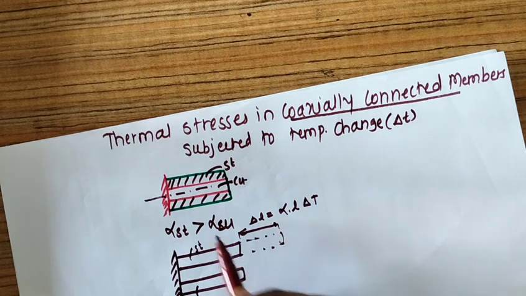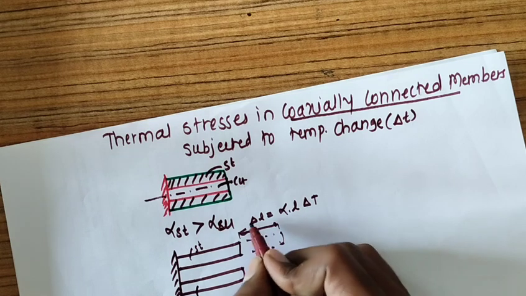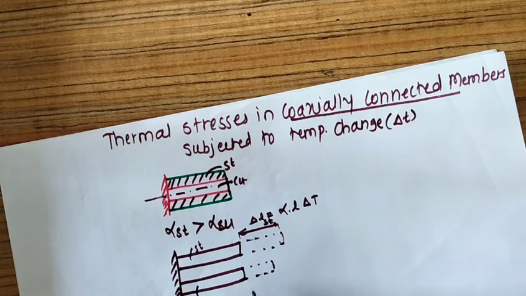And we assume that alpha steel is greater than alpha copper. Therefore, when the copper is subjected to free expansion, it will expand, but the free expansion of copper is less than that of the steel. So delta L of steel and delta L of copper are not the same, but different.